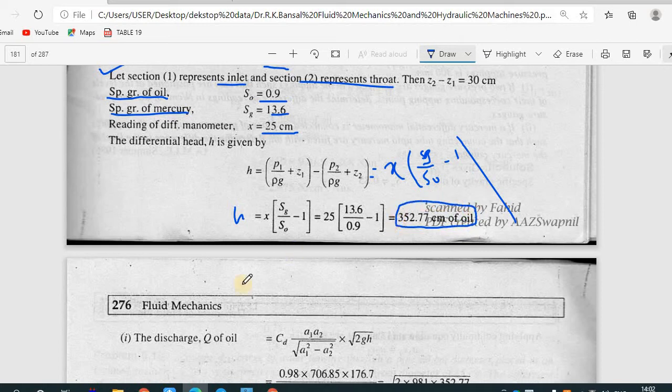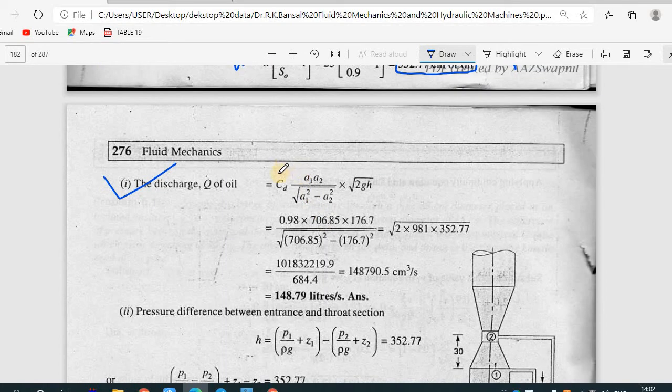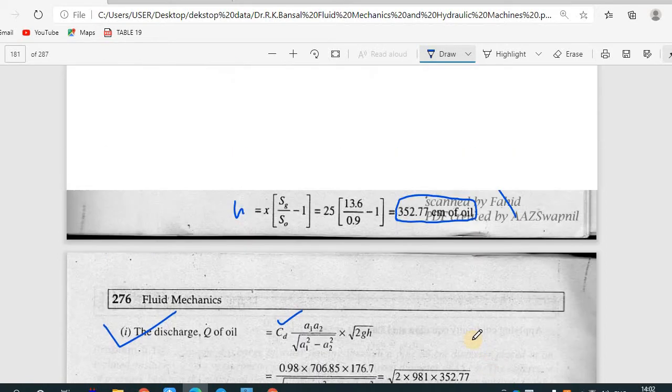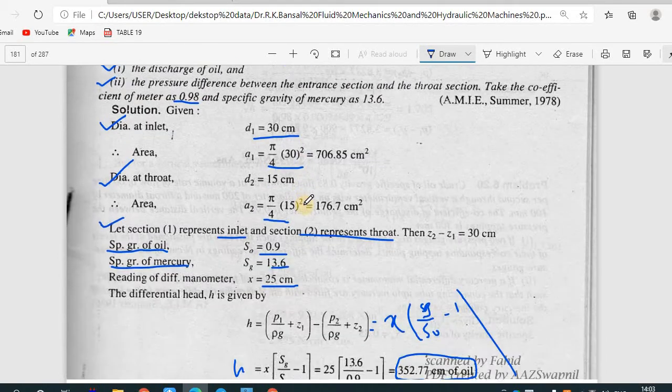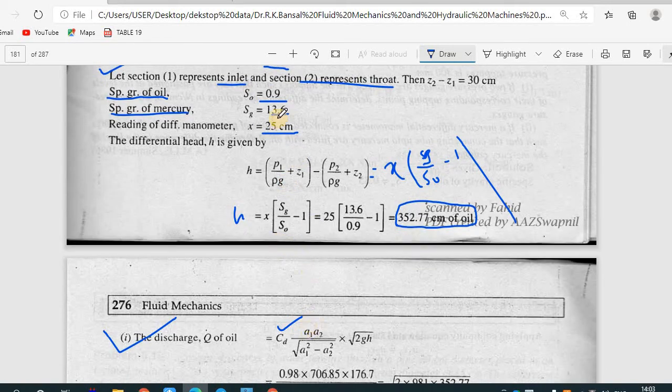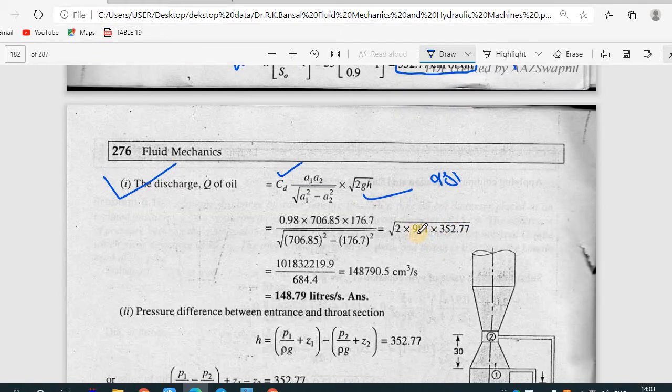Once you have got h, we can use the discharge formula. Cd equals a1 by a2 under root of a1 square minus a2 square into under root of 2gh. The coefficient of discharge is directly given in the question, which is 0.98. So 0.98 into the area of first section, the area of second section, and 2g. We take g as 981 because all the values are in centimeter, so we need to convert.